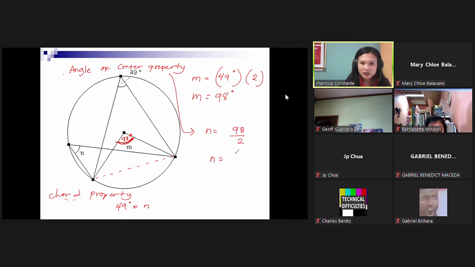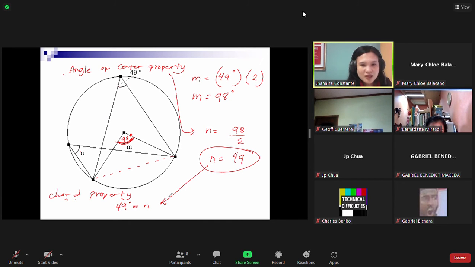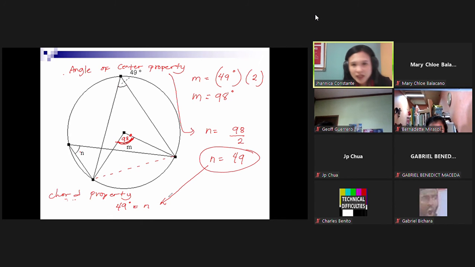That's the measurement of your N, which is also 49 degrees. So it's the same either way.